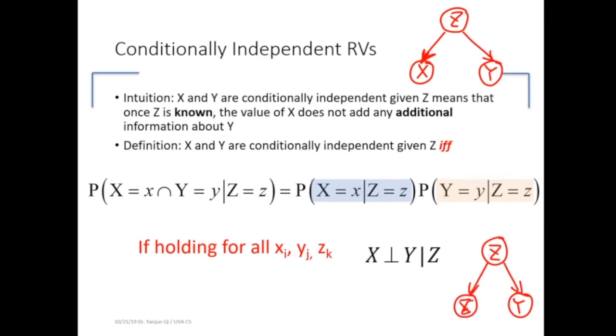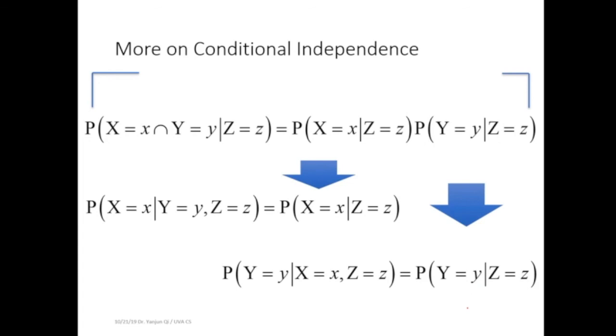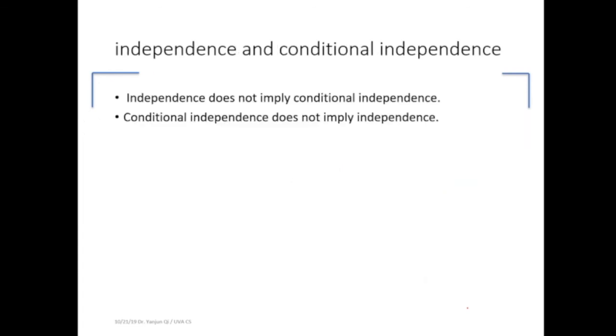So why do I care about this? One of the most important algorithms we're going to learn later is a more concrete view of this. As a summary, independence does not imply conditional independence, and conditional independence doesn't imply independence. Why do I care about conditional independence? When I have the y variable, there's a group of models called naive Bayes classifier.